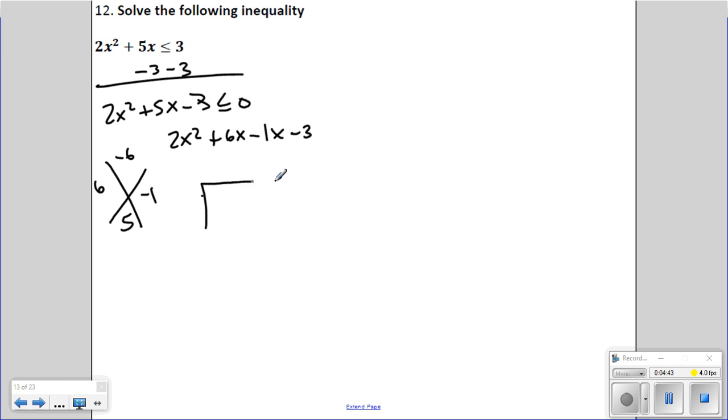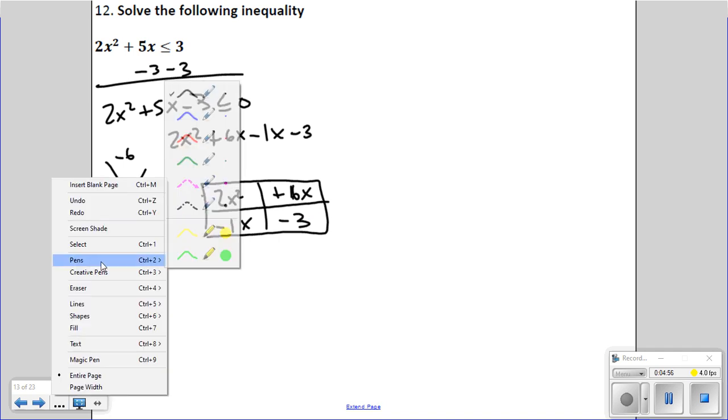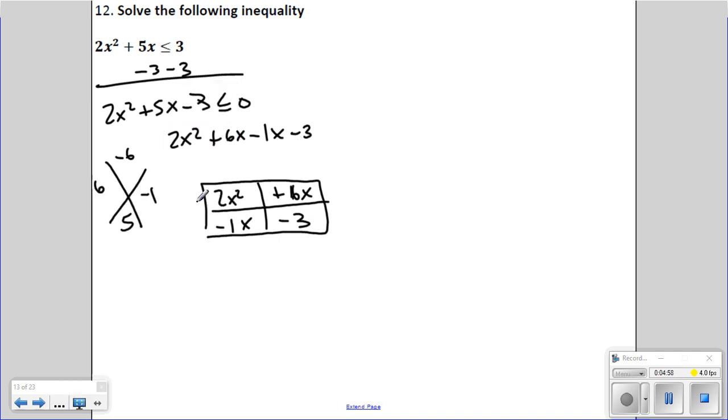Put that in a box. So 2x squared plus 6x minus 1x minus 3. Now find the GCF of each row. For the top row, it's 2x.